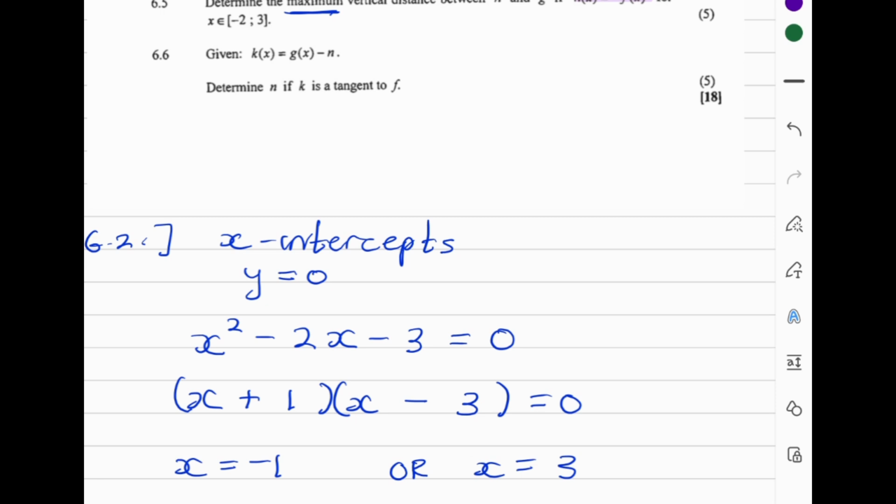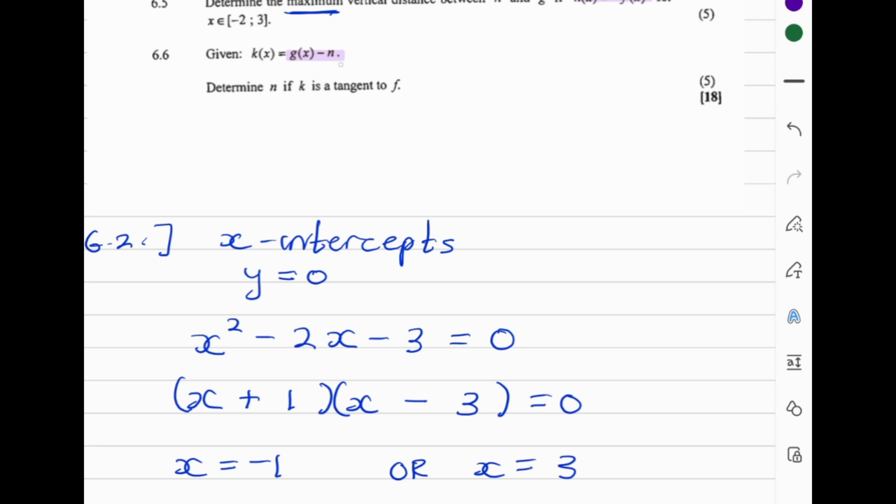So now this means that this part here, k of x equals g of x minus n, remember that the general equation of a straight line is y equals ax plus q, right? Or you can say mx plus c. So this q or this c is what is going to shift our graph up or down by q or c units, right?